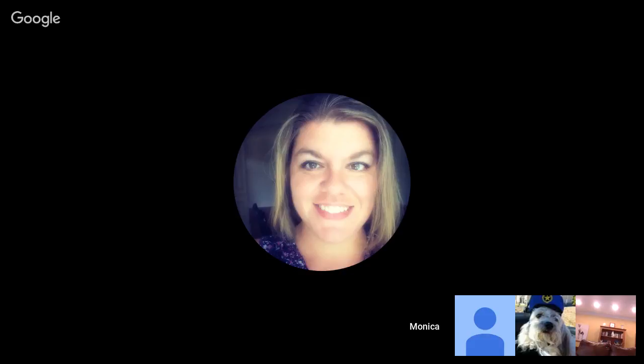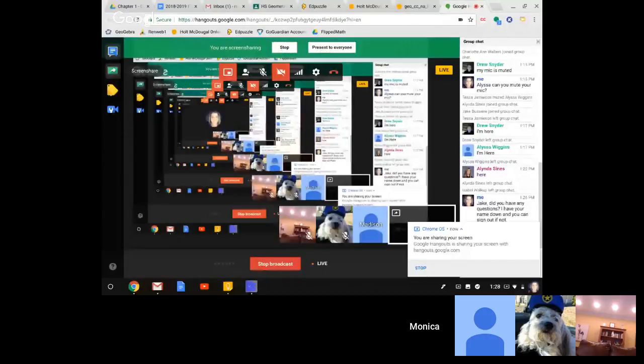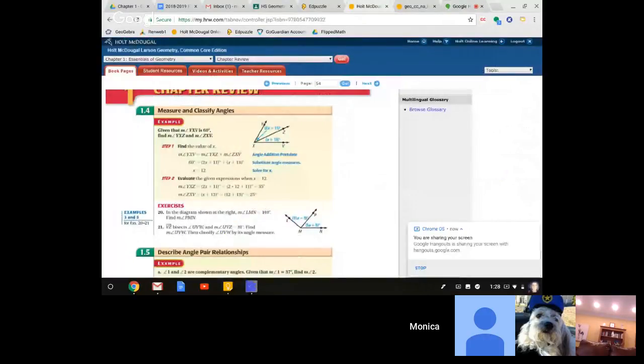Is that the right way to write it? Well, so it says, in the diagram shown at the right, LMN is 140 degrees.